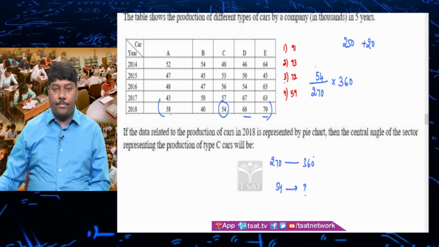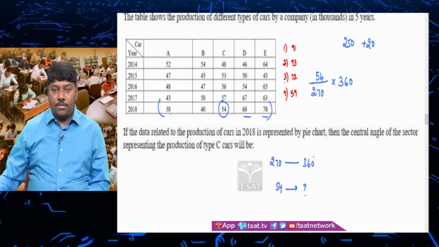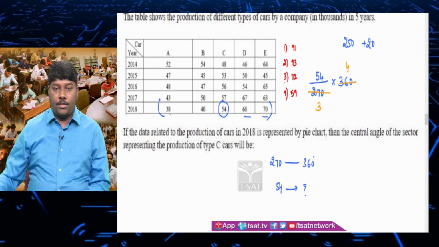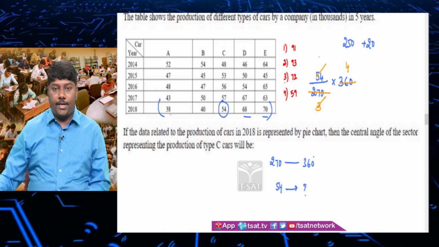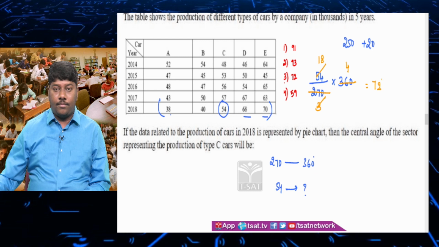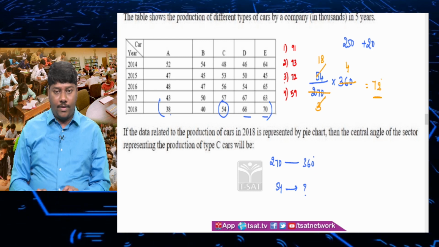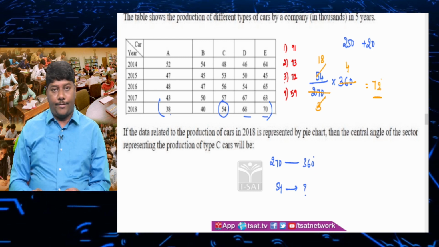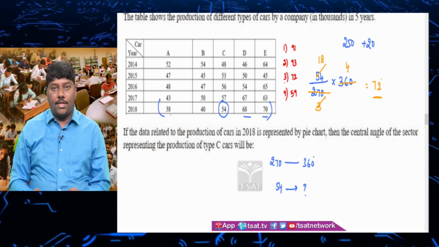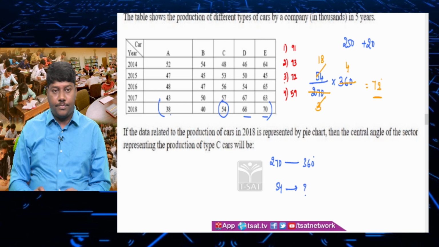So we can cancel. 9 3s are 27, 9 4s are 36, 3 1s are 3, 3 18s are 54, 18 4s are 72 degrees. If you know calculations well, 54 5s are what? 270. Therefore, you can say it is 1/5 of 360, that is 72 degrees.